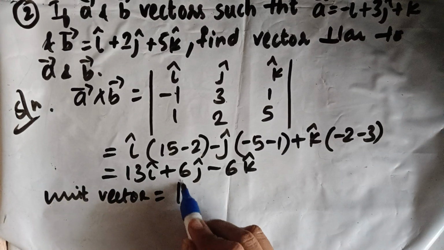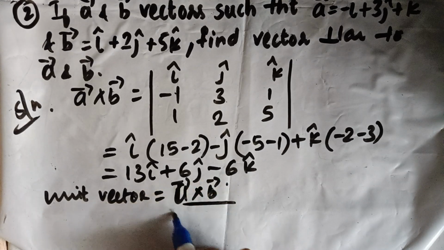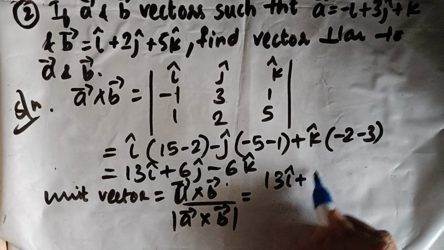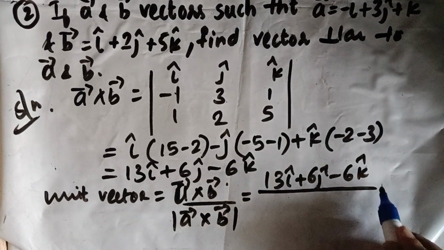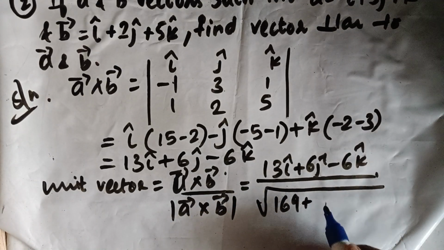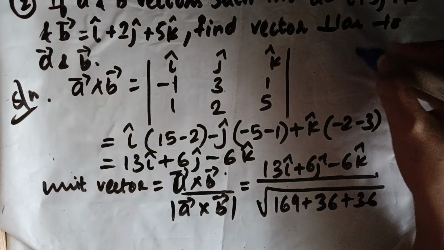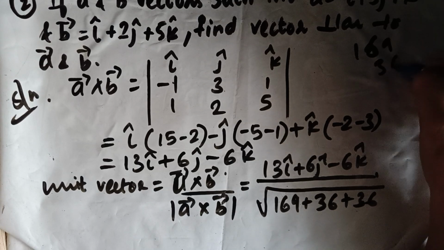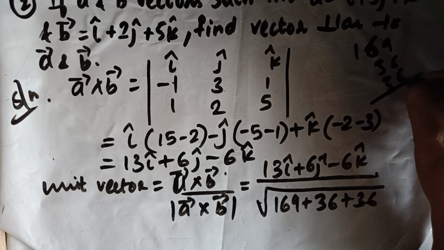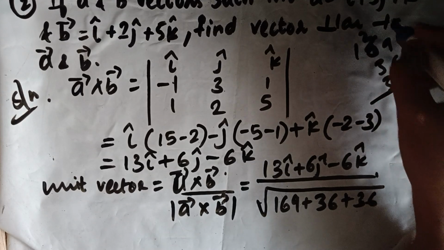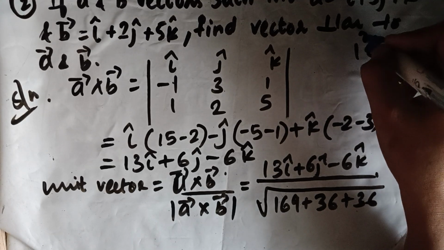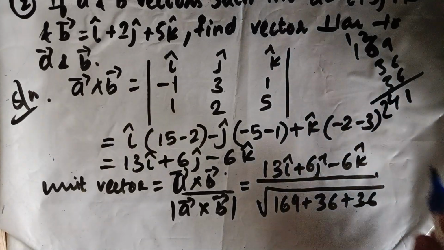It is given by A cross B upon magnitude of A cross B. Okay, 13i + 6j - 6k on the magnitude of A cross B, which is root of 13 squared plus 6 squared plus 6 squared, that is 241.